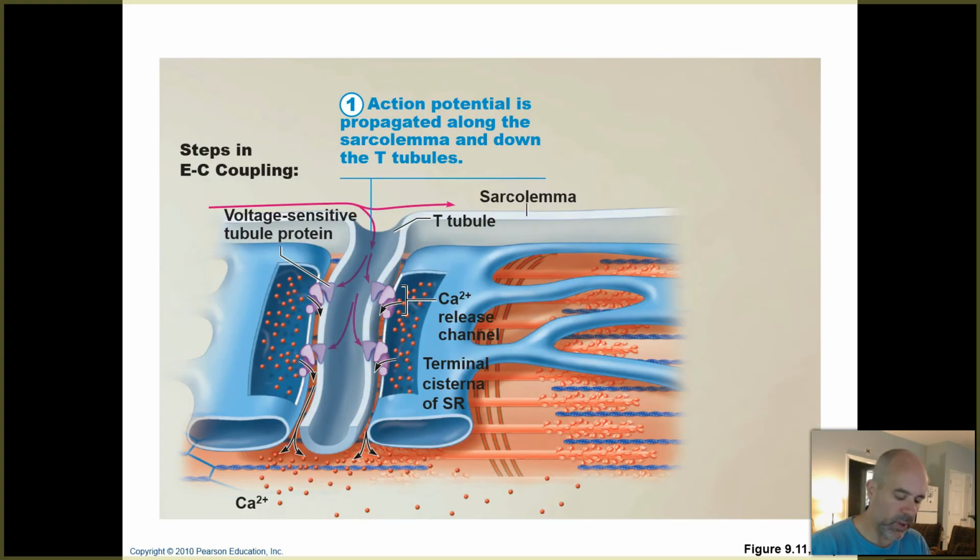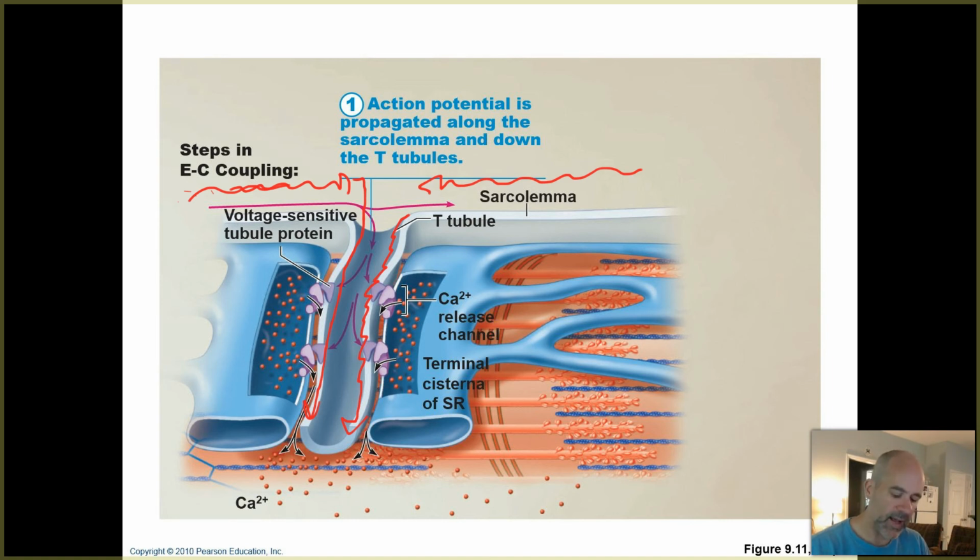Okay, so here we're blowing up in more detail what's going on. We've got this action potential traveling along the sarcolemma. Okay, and then this is a T-tubule. So that's really just part of the cell membrane there that is proceeding down internally into the muscle fiber.